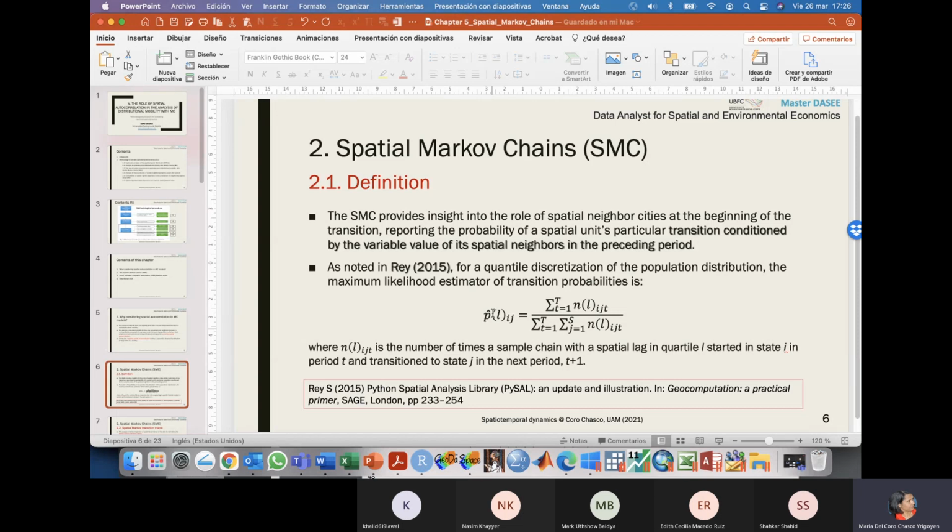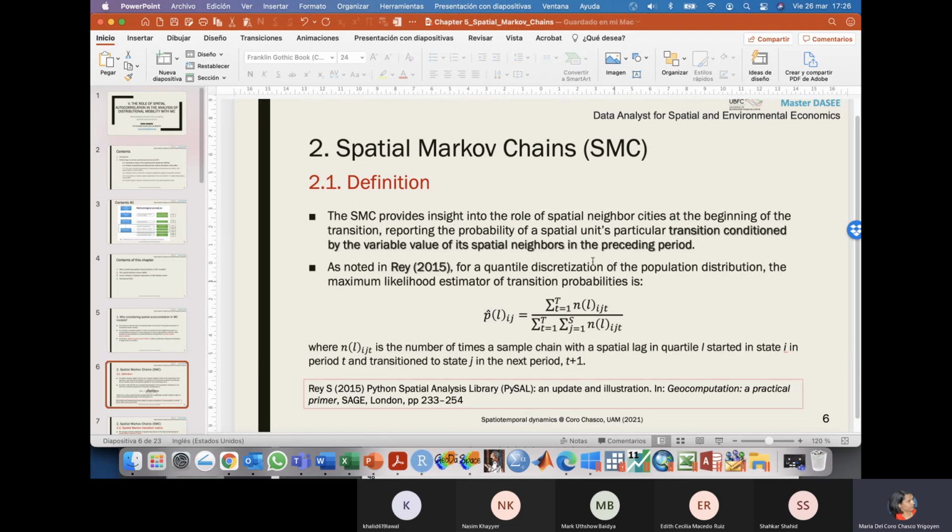For instance, in terms of population, I can have very small towns in the first quintile, or very big metropolises in the fifth quintile. Okay, this is what is now taken into account.